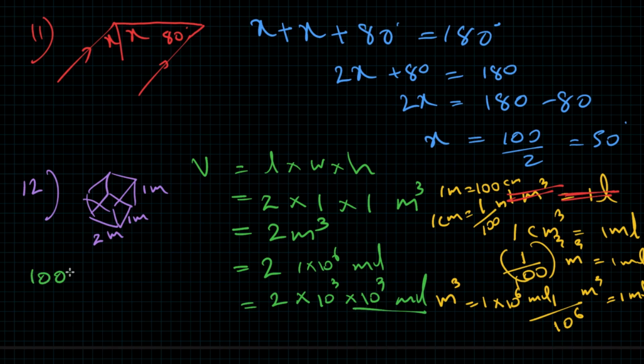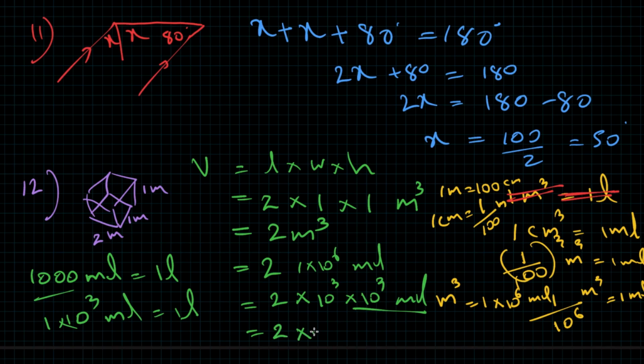Why? 1000 milliliters equals 1 liter. So we can write 10 to the power 3 milliliters equals 1 liter, in scientific notation. Then it is 2 into 10 to the power 3 liters, 2000 liters. Okay, let's see the next question.